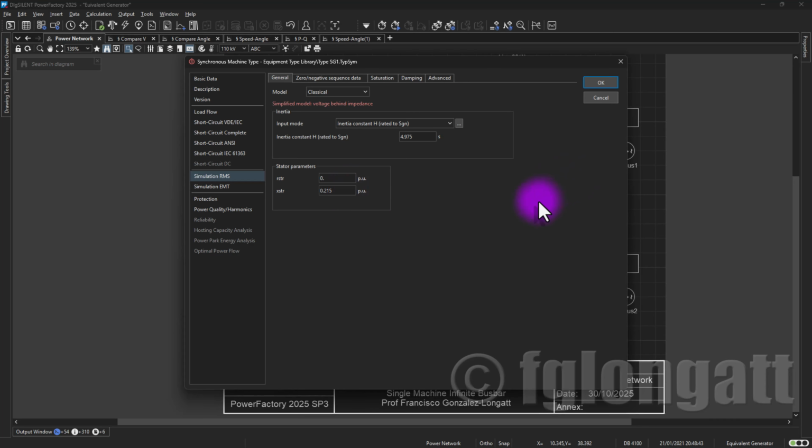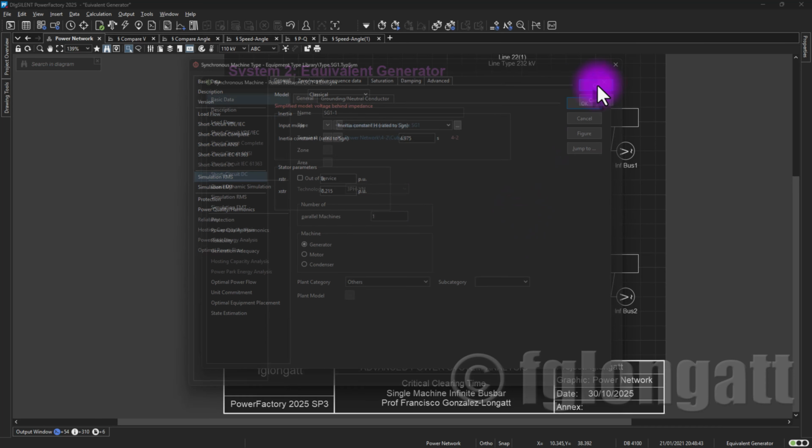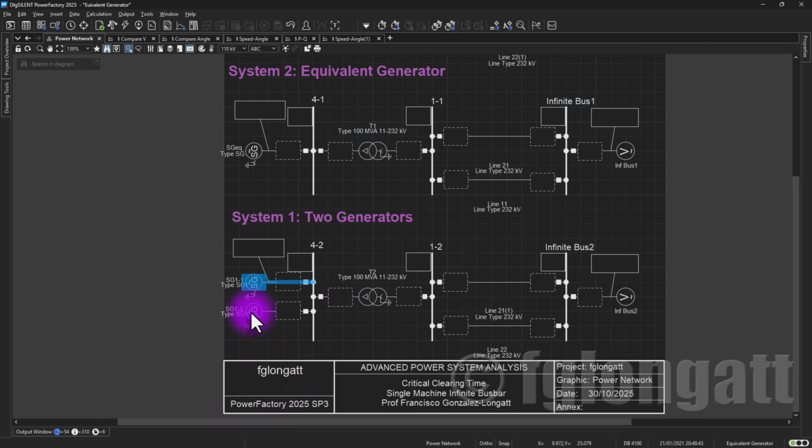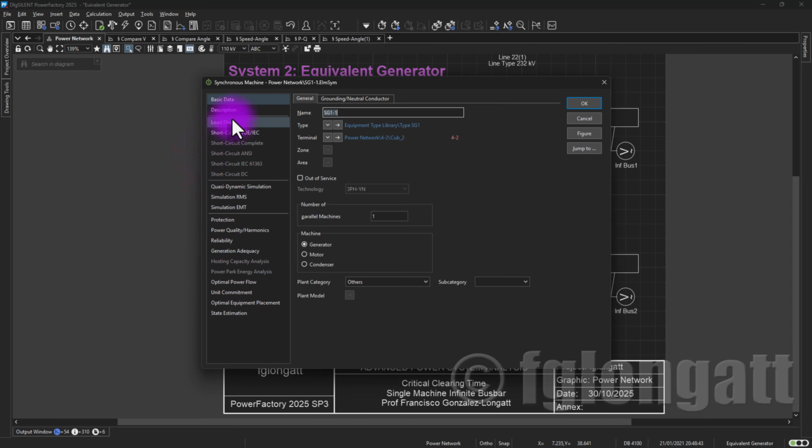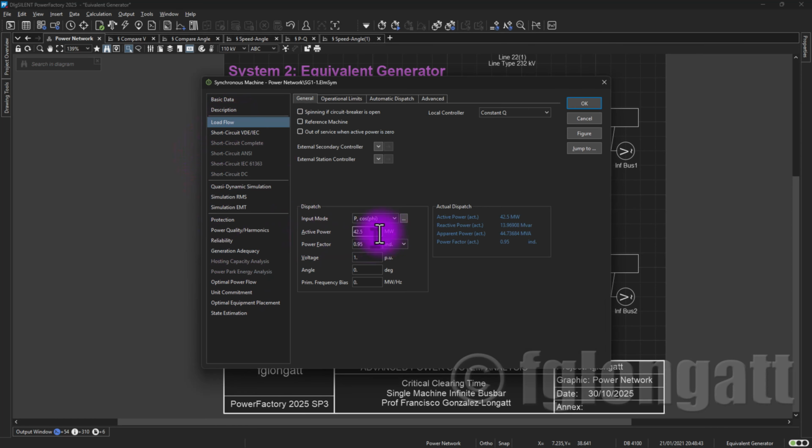The value you can see over there is 0.215 per unit. So in general terms, we have here two machines, 50 MVA each one of them. Let's see the power that they are delivering.